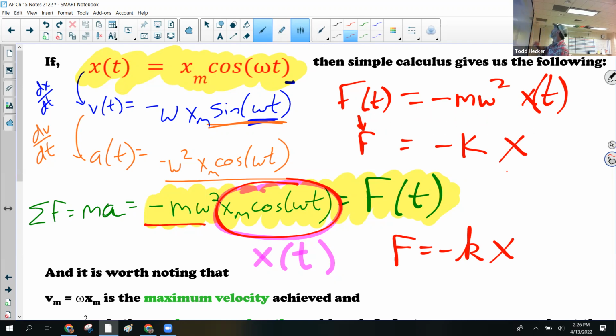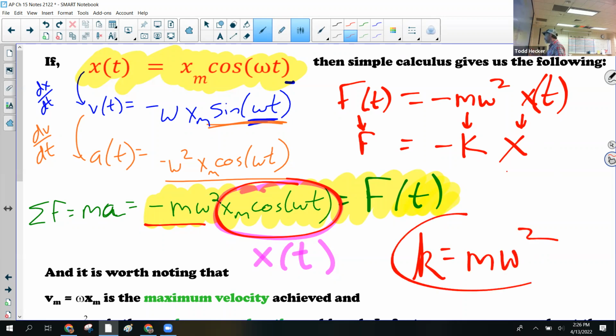So force equals negative k times x. We just found our spring constant. We found our constant of oscillation. There's a name for it that I'm drawing a blank on right now. We'll get it in class if I don't come up with it by the end of the video. Oh, cool. So we just learned that our constant k is m omega squared.